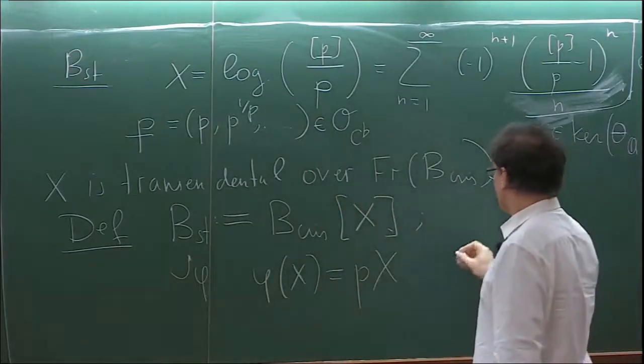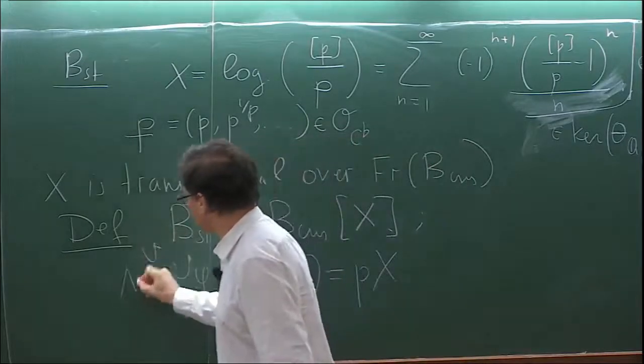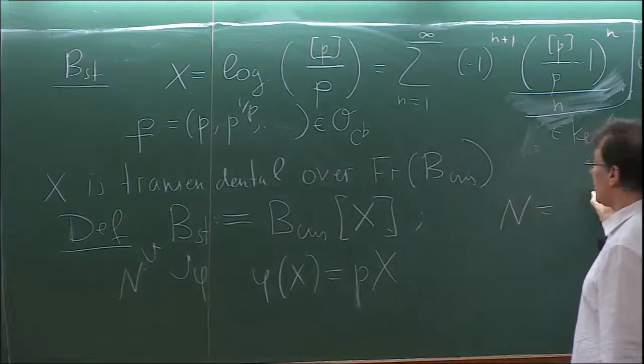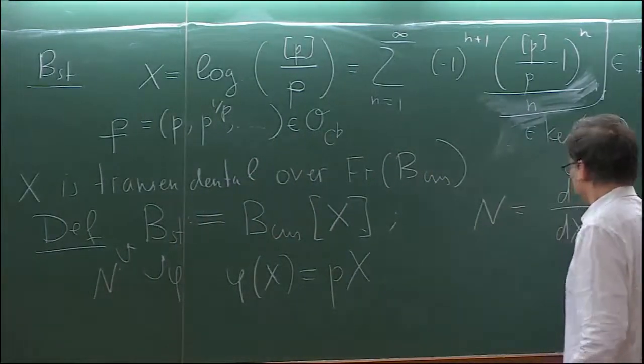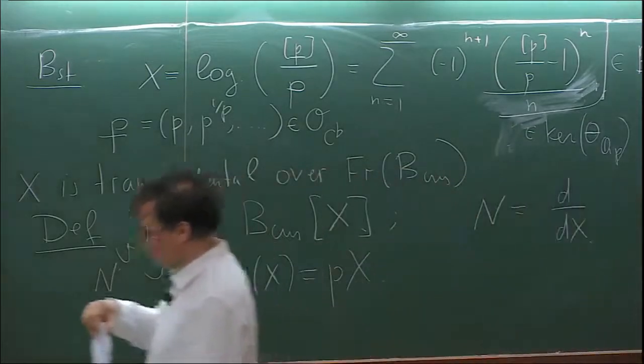And we keep B_crys with a monodromy operator N, which is a derivation with respect to x. Sometimes, to make some canonical choice, one multiplies this operator by some constant, but it is not so important in this talk.